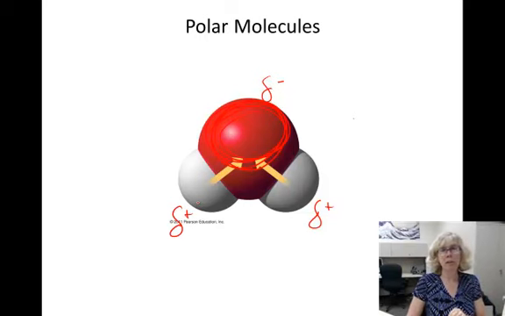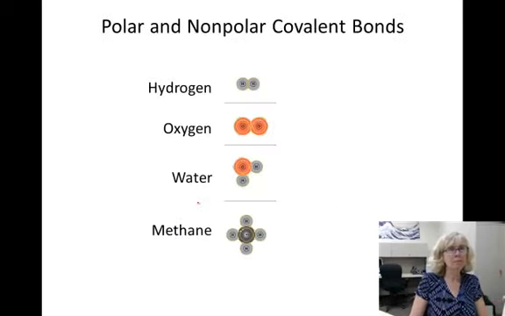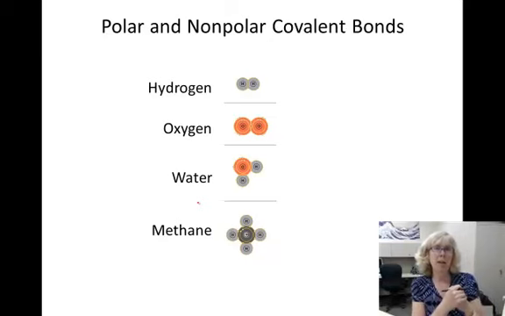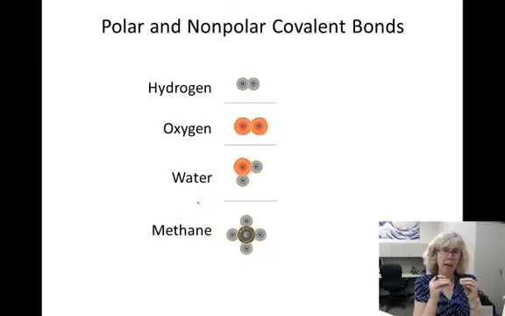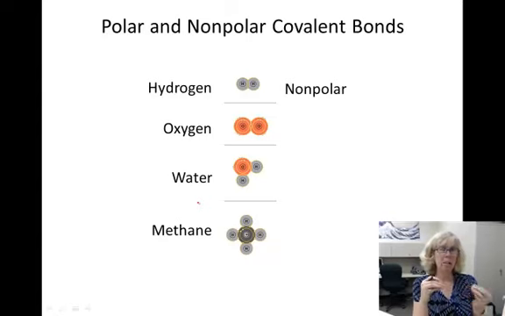Covalent bonds can vary from being completely nonpolar, to being somewhat polar, to being very polar. Let's give some examples. Two hydrogen atoms in the element molecule hydrogen are equally electronegative, so that's a nonpolar molecule. Oxygen itself is a highly electronegative element, but when bound to another equally electronegative element, it creates a nonpolar molecule.